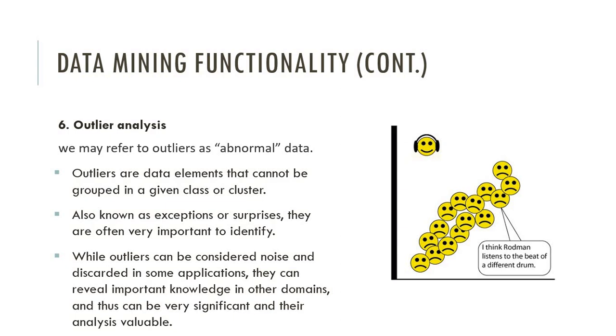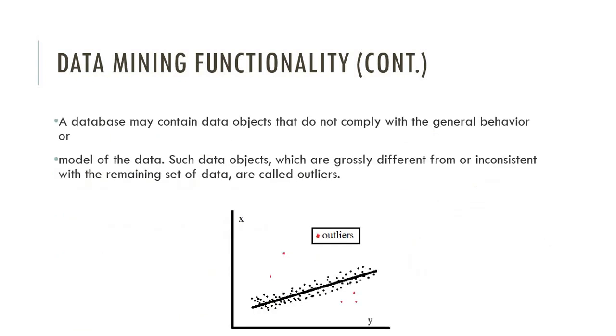But in some situations these data points may be very important, so the analysis of outliers is also important. A database may contain data objects that do not comply with the general behavior or model of the data. Such data objects, which are grossly different from or inconsistent with the remaining set of data, are called outliers.